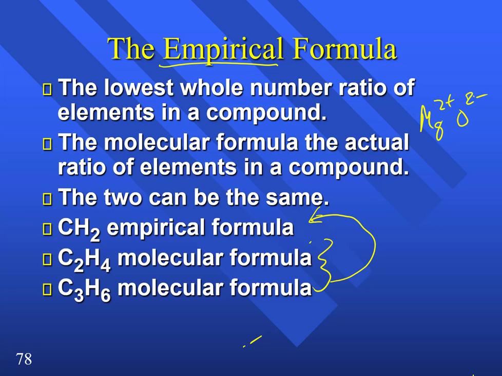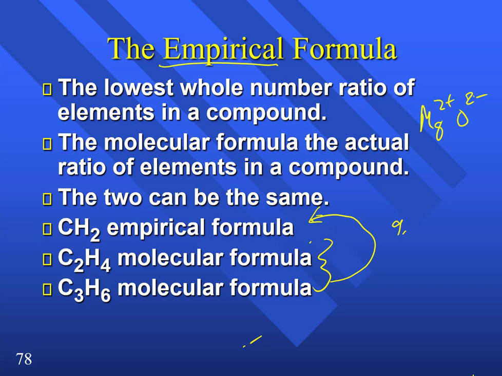Multiple compounds can have the same empirical formula. So when I tear it apart to percentages, I'm not going to be able to tell the difference between C2H4 and C3H6. But I will see that there's 2 hydrogens for every carbon in this compound. So I'll be able to get the lowest ratio, but I may not get the actual one.